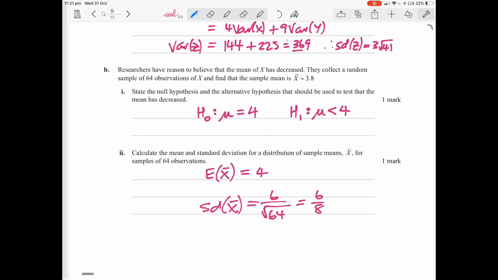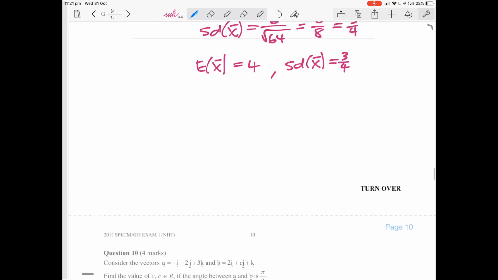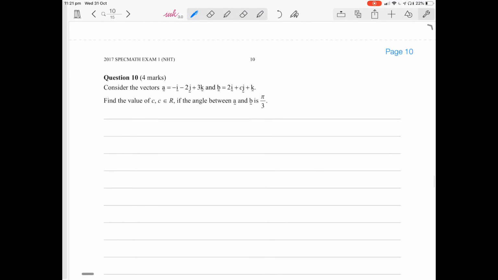So it's 6 on 8, which is 3/4. So E of x bar is 4. SD of x bar is 3/4.